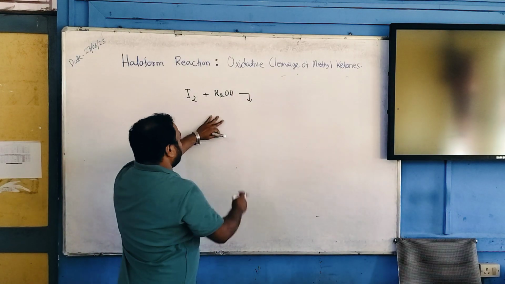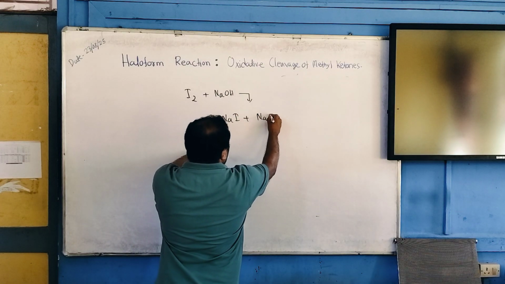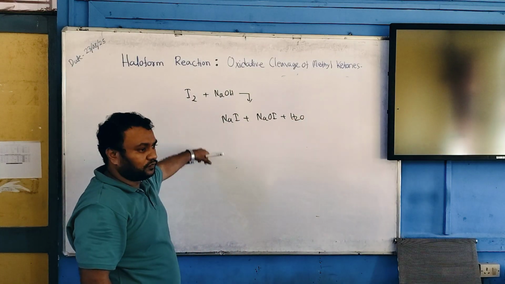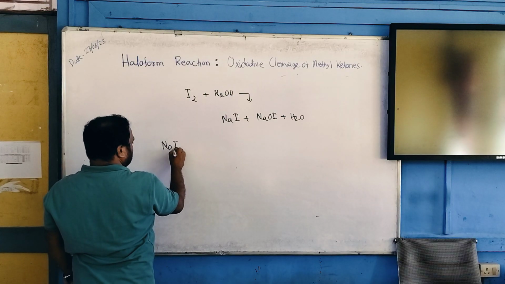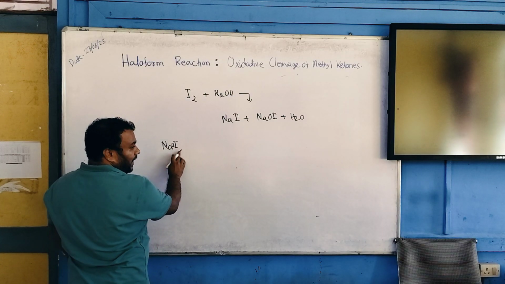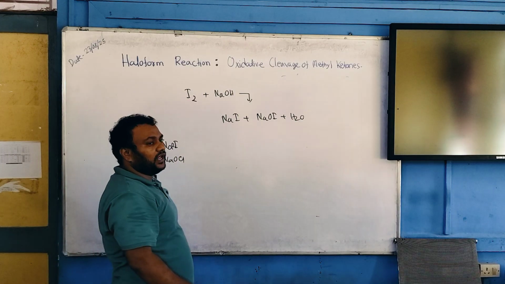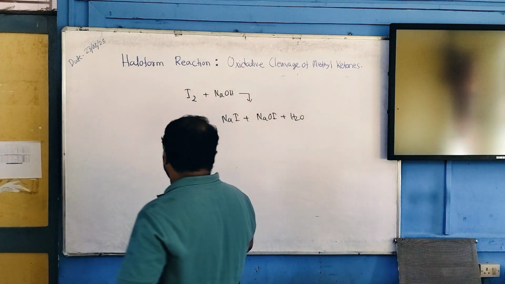In this condition, they form NaI plus NaOI plus H2O. This is true for chlorine or bromine also. This NaOI is called sodium hypoiodite, or sodium hypochlorite or sodium hypobromite. These are oxidizing agents.